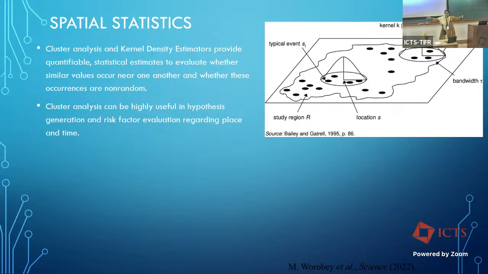And then the kernel density estimate is the summation of all of those probability density functions across the extent of your data, okay? So you'll get a probability surface for your data set based on these point locations and how densely packed they are over space or how spaced out they are, right?